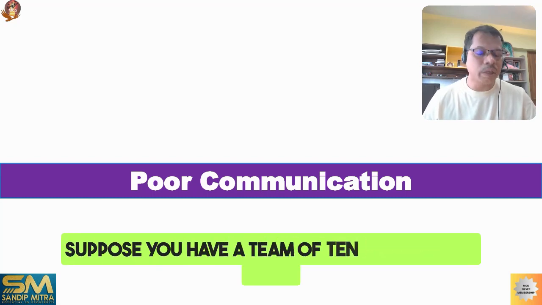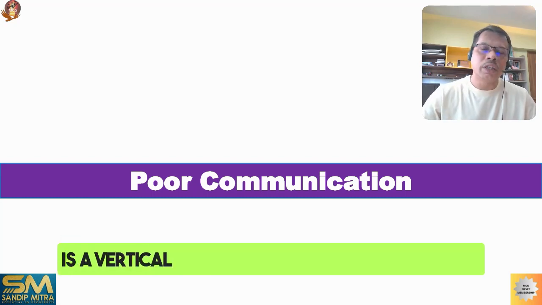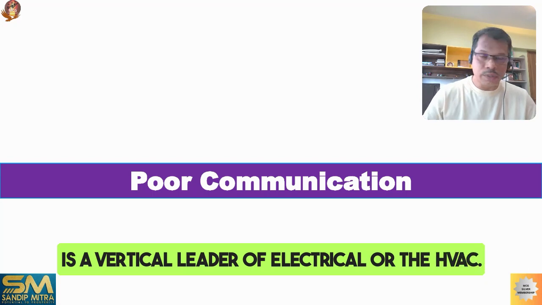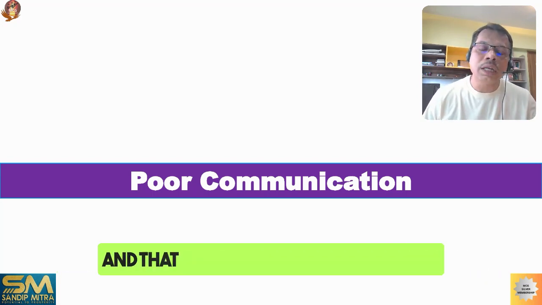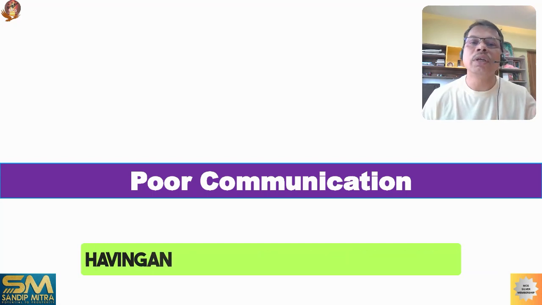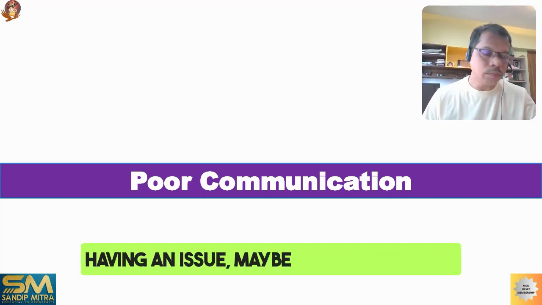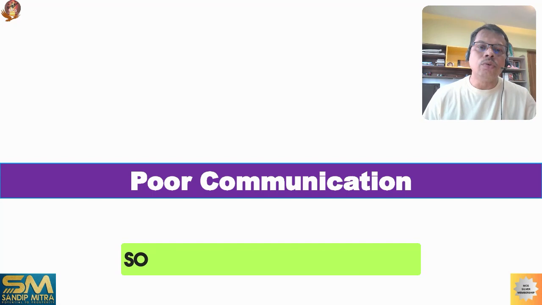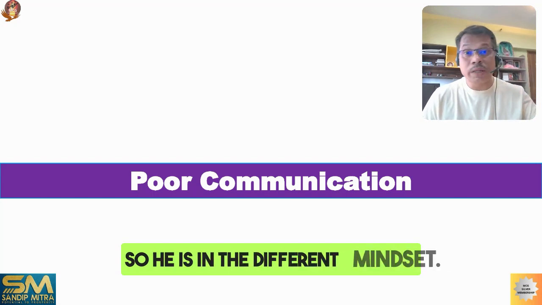Suppose you have a team of 10 members and there is a vertical leader of electrical or HVAC, and that person, your subordinate, is having an issue, maybe for a different reason. So he is in a different mindset.